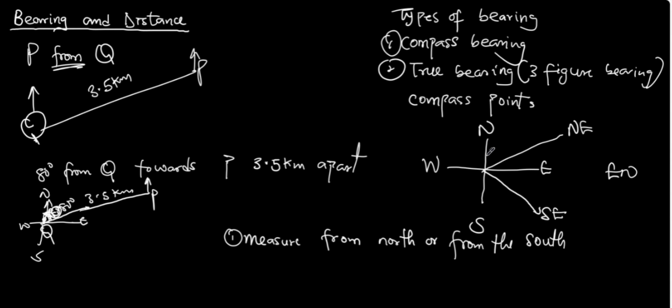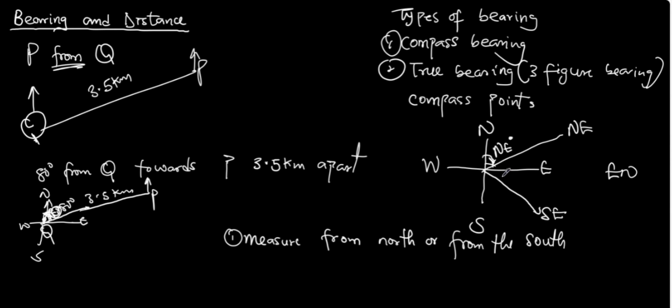Now, if I'm going to represent the bearing of northeast, starting from the north, it means I start my measurement from north going towards the east. And then my bearing subtends on the northeast line at this point. So this becomes my northeast degree, which is the bearing for my northeast.